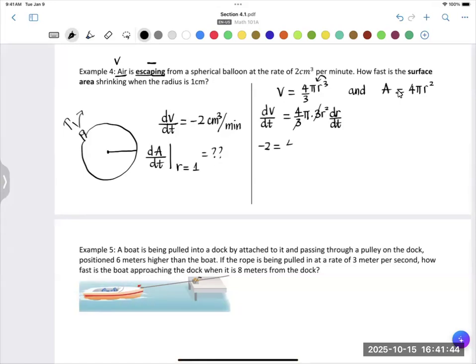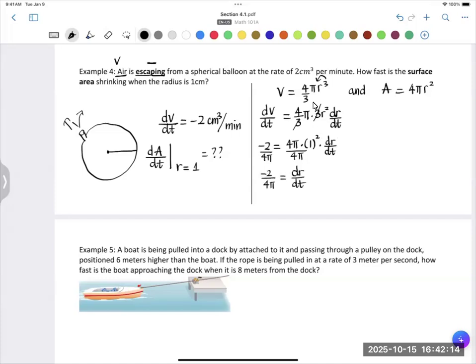So you have 4 pi times 1 squared. And do we have dr dt? We don't have dr dt, so we have to leave it as it is. And then from that, can we isolate dr over dt? Yes, we can divide both sides by 4 pi. And that is -2 over 4 pi, which is dr over dt.